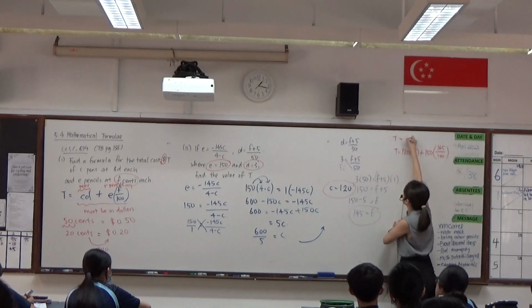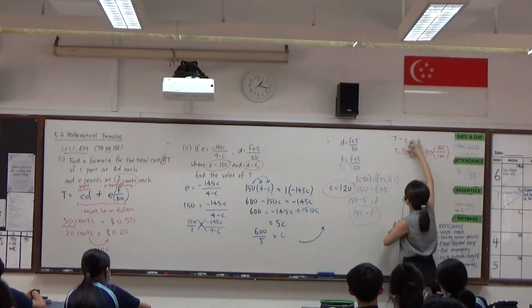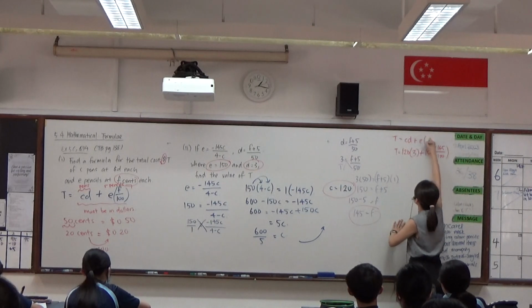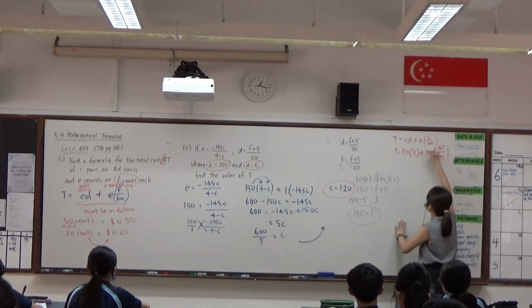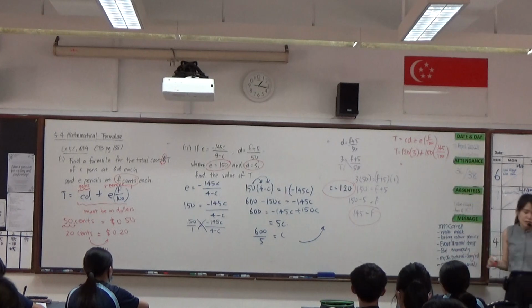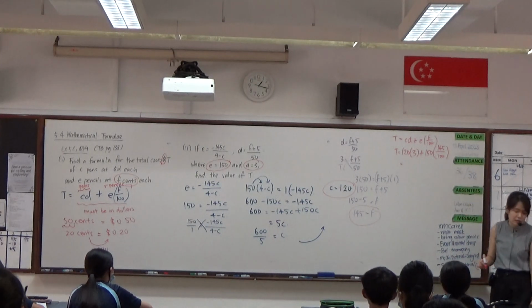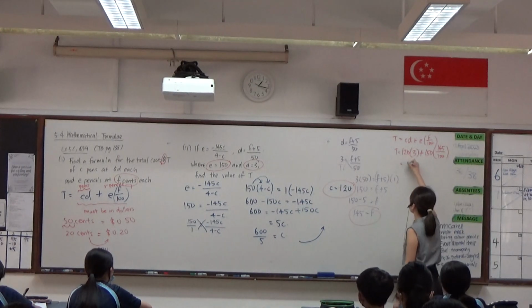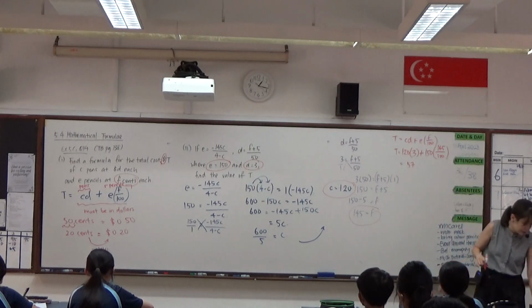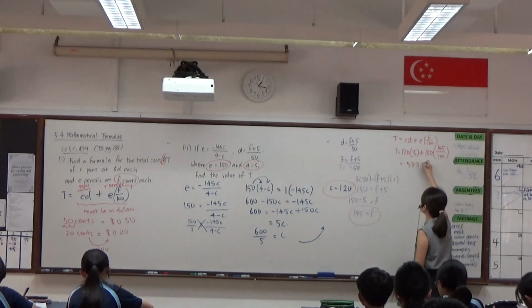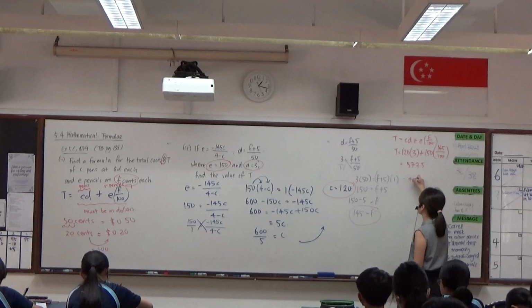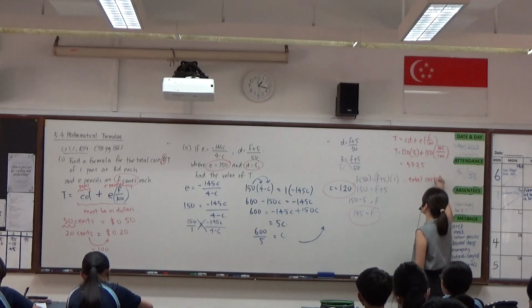Because your formula is this. Then you can key the entire thing into your calculator. You will get 577.5. So therefore, total cost is $577.50.